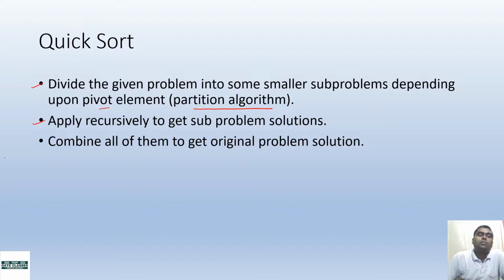Now finally we have the solutions of our subproblems, and finally combine all of them to get the original problem solution. So this is the general DAC approach. These three points are nothing but the divide and conquer approach. Generally we do this only in the divide and conquer approach.